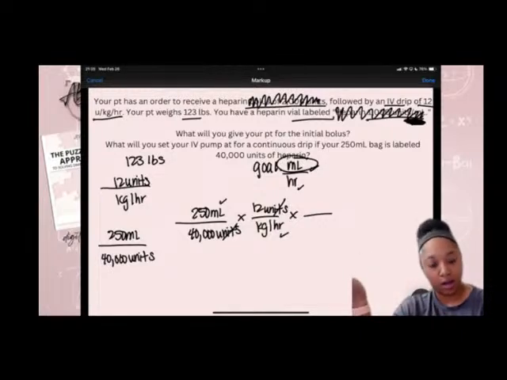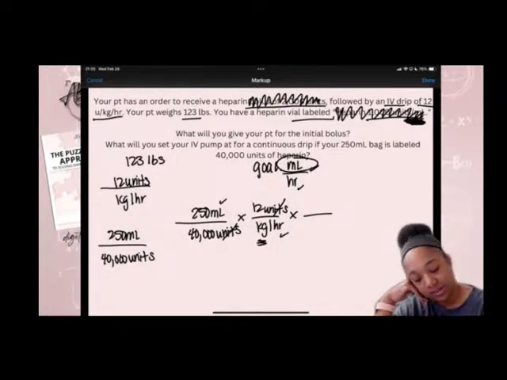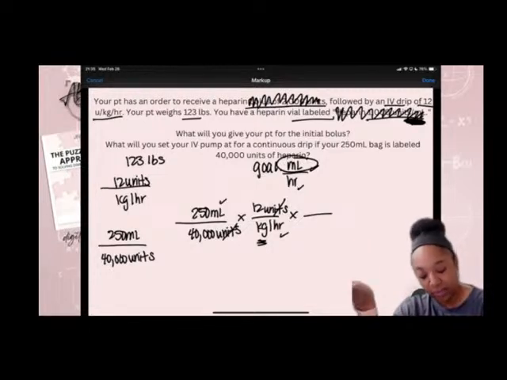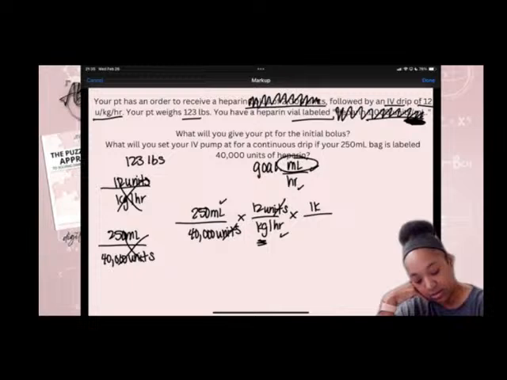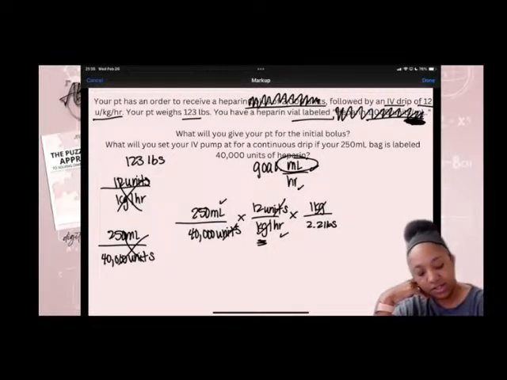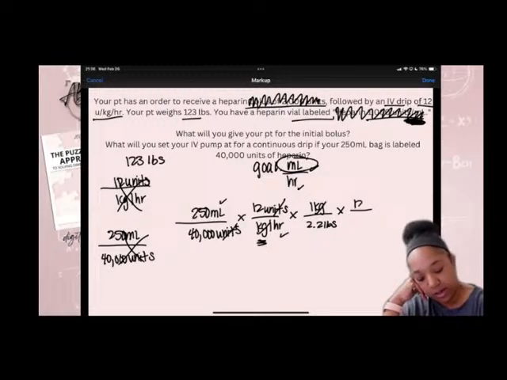So you've got your goal, but you've got to get rid of the kgs. We don't even have any kgs, right? So we have pounds. We can do our conversion. 1 kg is 2.2 pounds. Okay, and now we can do 123 pounds over 1.